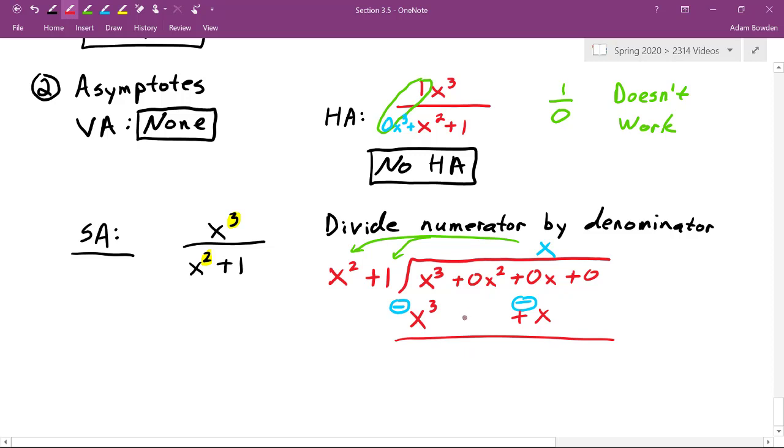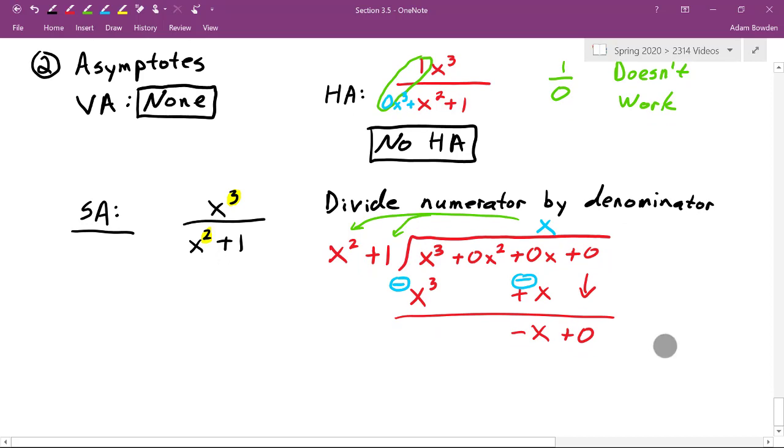And we'll have basically a 0x squared minus x. But we don't even need to include the 0x squared here. It's just really going to be negative x. And so even if we brought down the next thing, which is a 0, we can't divide any further because our divisor has an x squared and what we're trying to divide into has a lower degree.